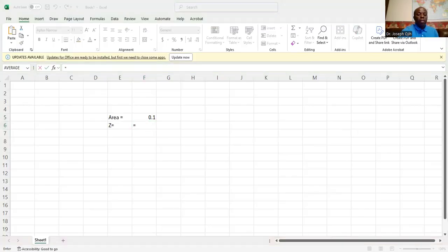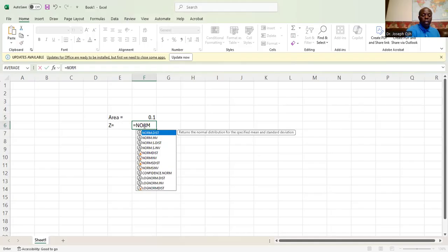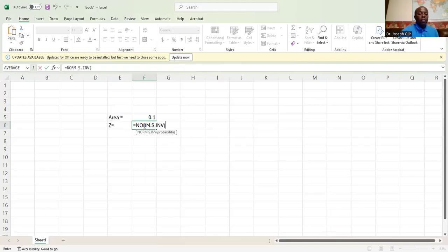Z equals NORM.S.INV, open parenthesis, actually it's 1 minus the area, so 1 minus that area right here, close parenthesis.